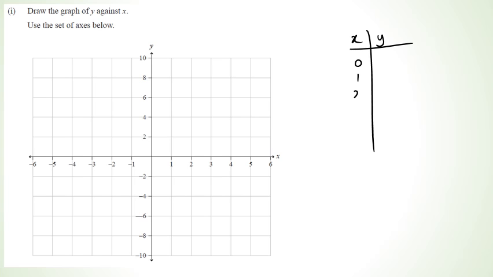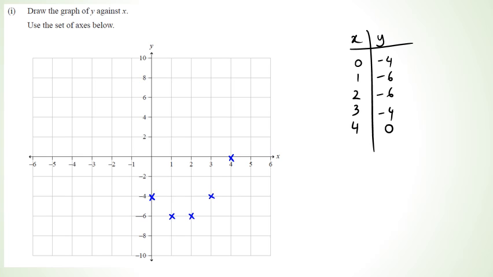So we had 0, 1, 2, 3, and 4, and negative 4, negative 6, negative 6, negative 4, and 0. So basically plot these points on this particular graph. When it's 0, we've got negative 4. When it's 1, we've got negative 6. When it's 2, we've got negative 6. When it's 3, it's negative 4. And at 4, it's 0.